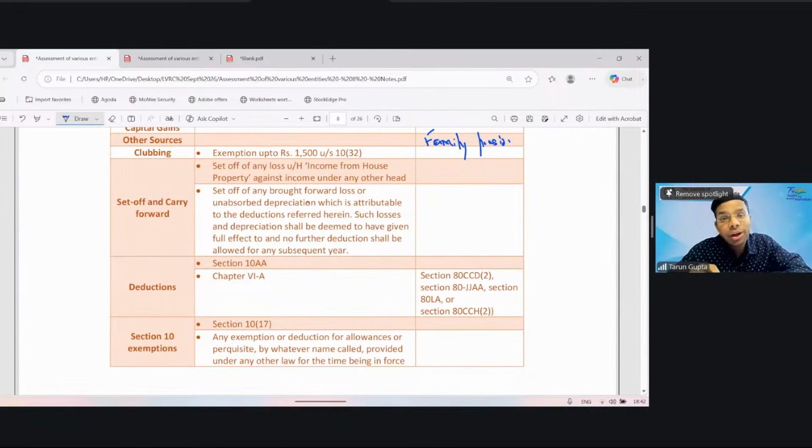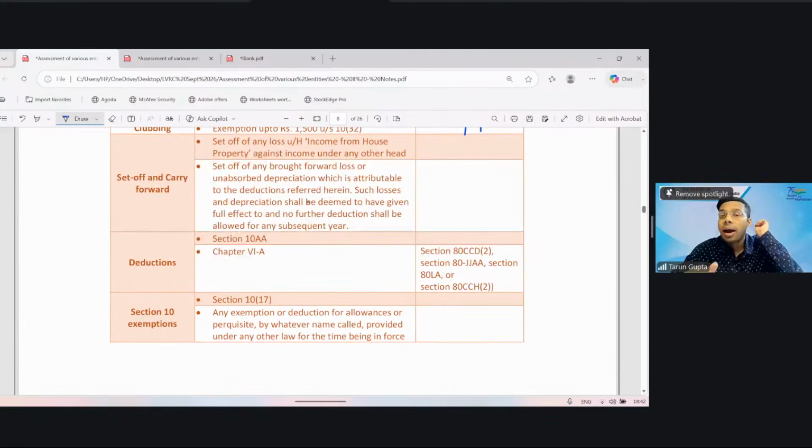Deduction under section 10AA on account of SEZ is not allowed under the new regime. Similarly, deductions of chapter 6A are not allowed, except employer contribution to NPS under 80CCD(2), employer contribution to Agnipath scheme under 80CCH(2), 80JJAA, or 80LA. Except these 4 deductions, no other deduction under chapter 6A is allowed under the new regime.